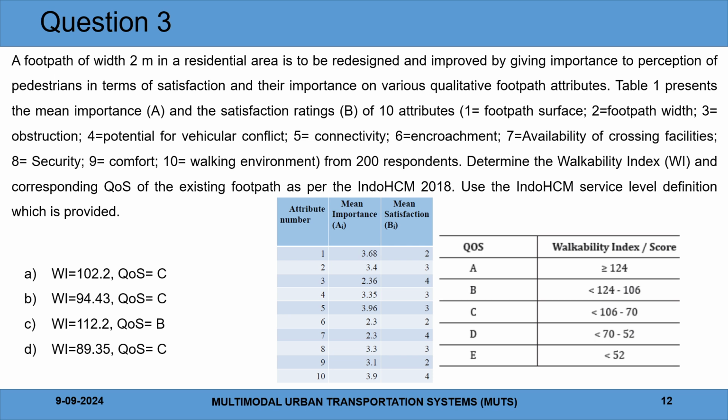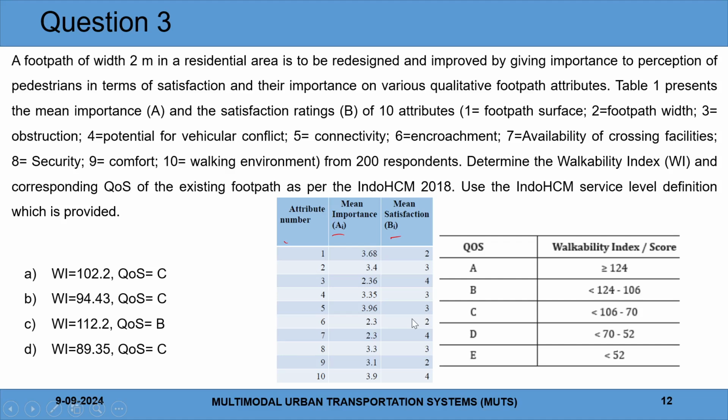Table 1 represents the mean importance, that is AI, and satisfaction, BI, of 10 attributes, like footpath surface, footpath width, comfort, walking environment. 200 respondents responded on these attributes on a Likert scale, and the mean importance and mean satisfaction table is given here.